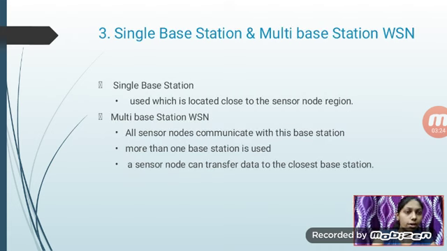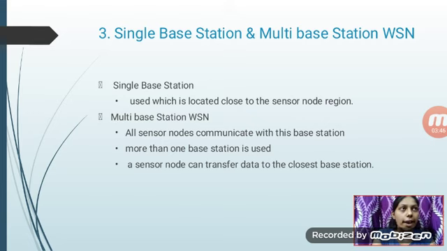The next, third one, is single base and multi-base. First of all, I have to explain what a base station is. In the wireless sensor network, the sensors are not only connected to other sensors, but also connected with the base station.